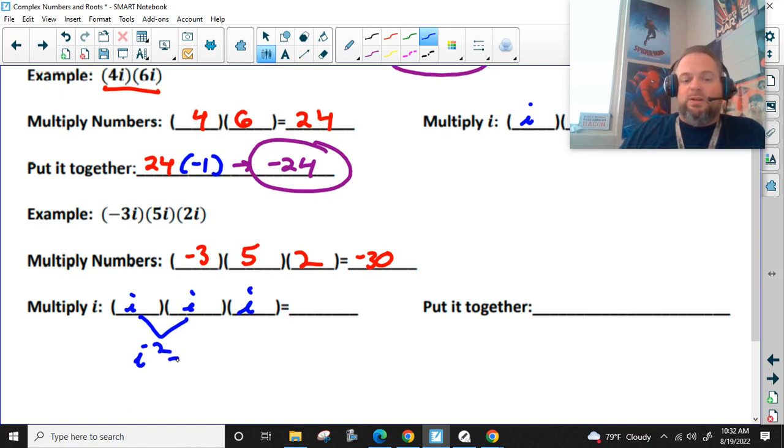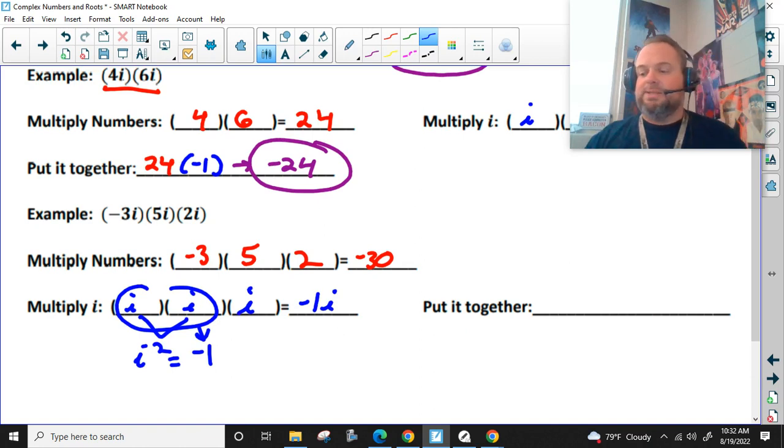Which i squared is -1. So all this becomes -1, and then we still have to multiply it right here. So what is -1 times i? -1i. Okay, that's it.